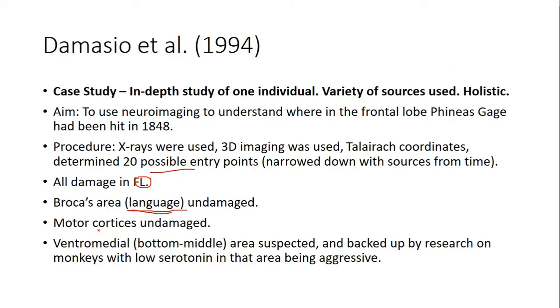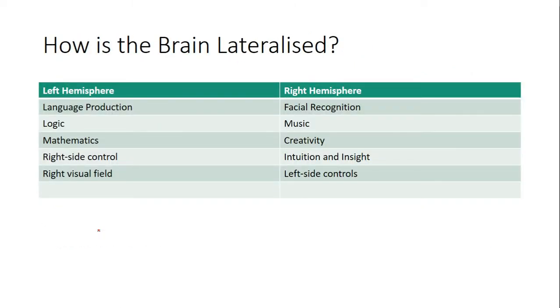So that was Damasio et al. This is about brain lateralization. So the brain, as I've said, has two hemispheres, the left hemisphere. So if I draw out you a nice little brain, it's as if you're sort of looking at yourself from the top down and your eyes are at the top.